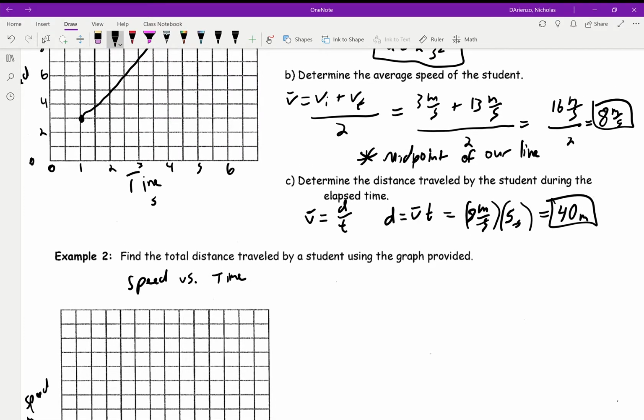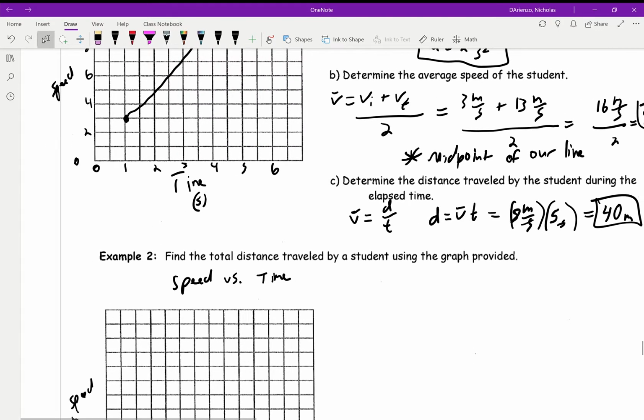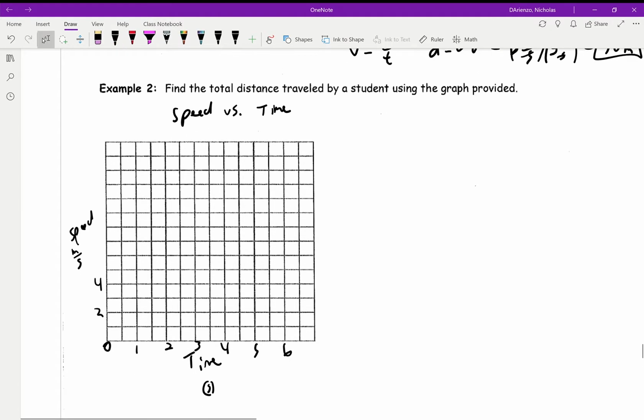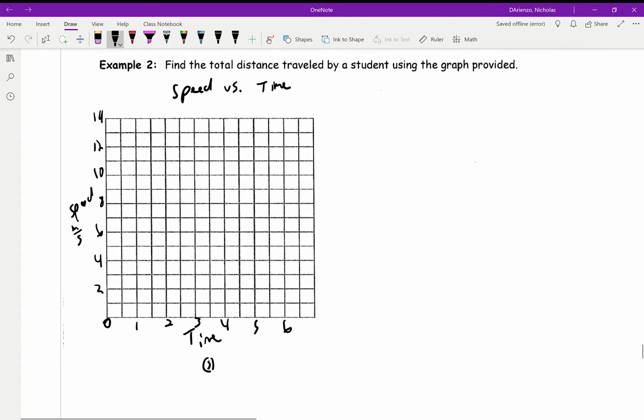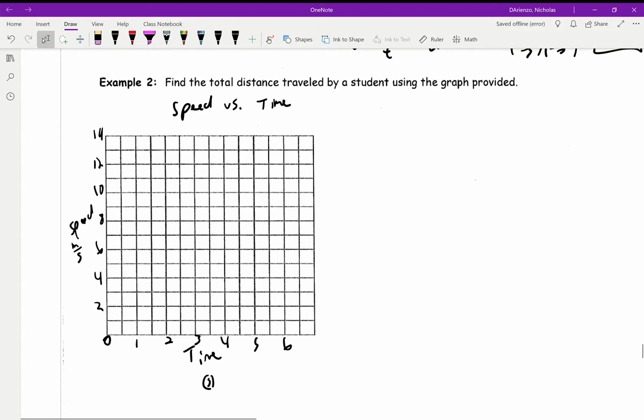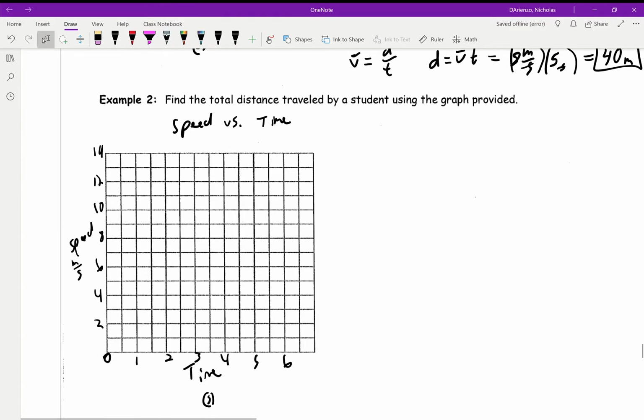Shame on me for not using my labels. Trying to move quickly here, no excuses. 6, 8, 10, 12, 14 meters per second. And that graph started at 1, 3 and ended at 6, 13. That one might be better than the previous one. I'll take it.